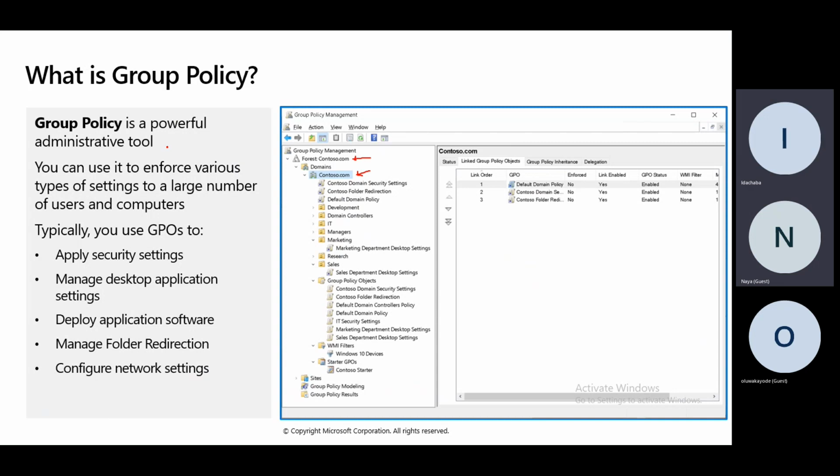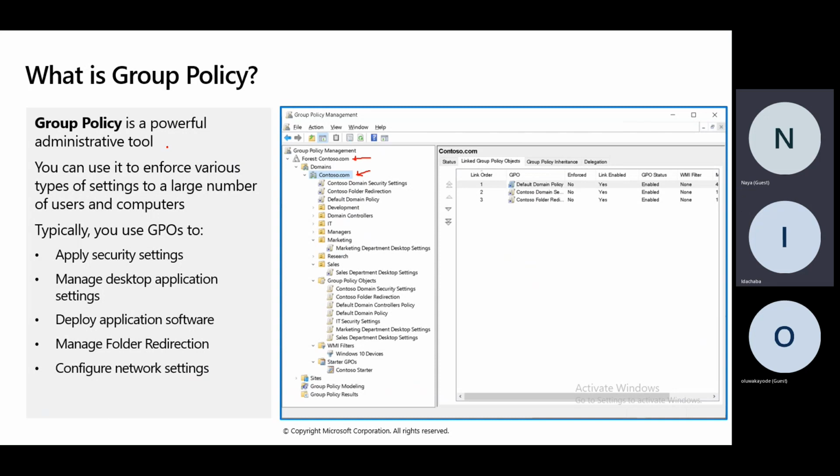You've forgotten Windows Admin Center. You've forgotten RSAT.